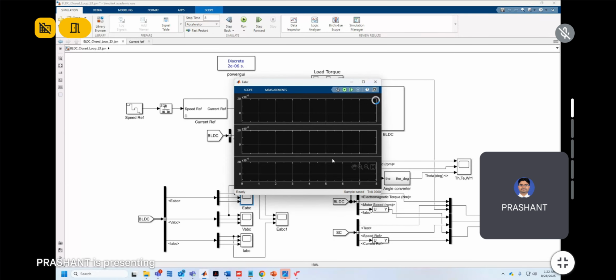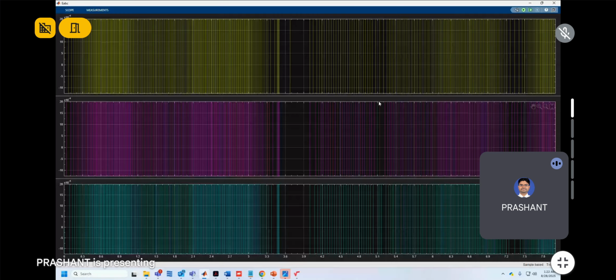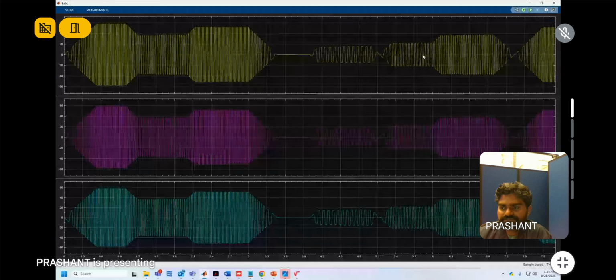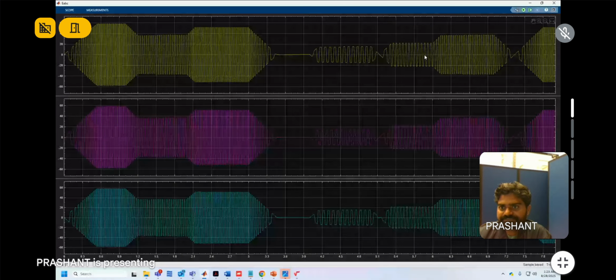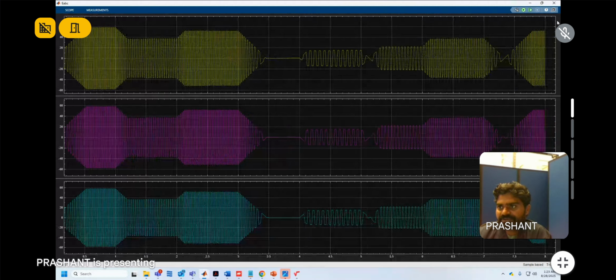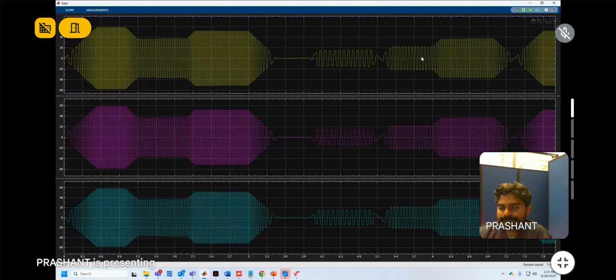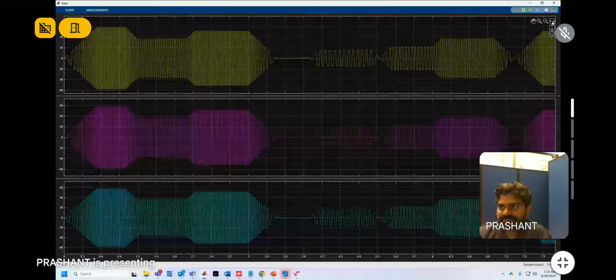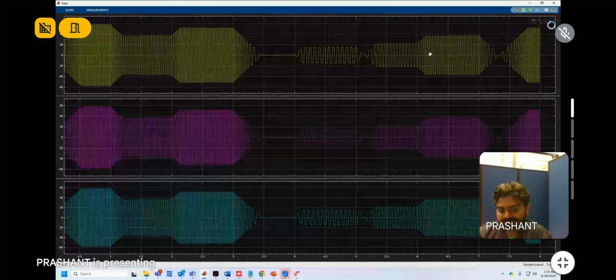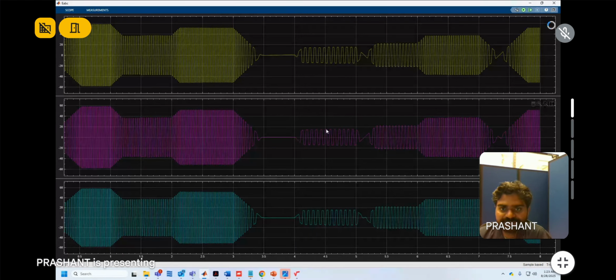We can see this is trapezoidal in nature. Here, you can see, this is trapezoidal in nature.